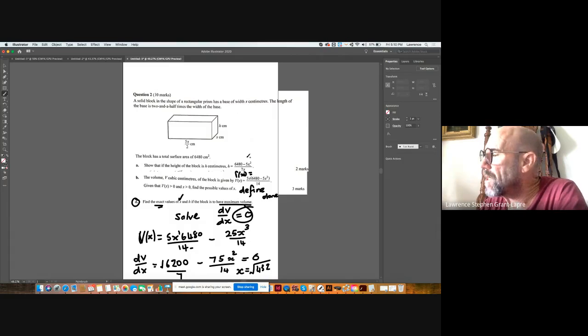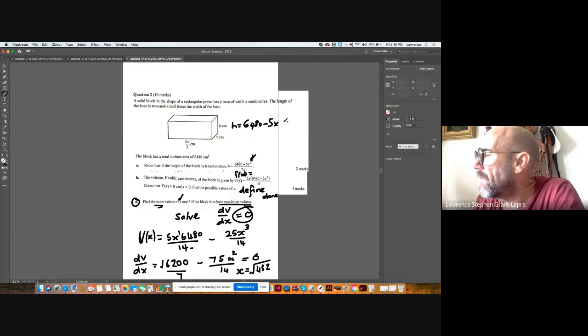And to get h, you have to substitute square root of 432, so 5 times. The square root of 432 is 432 when you square it.